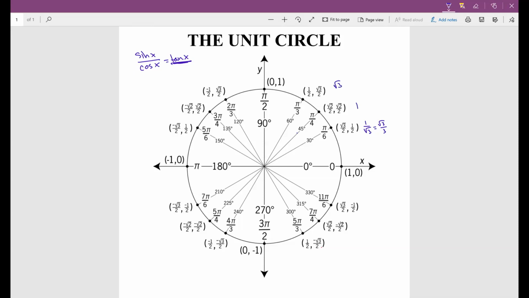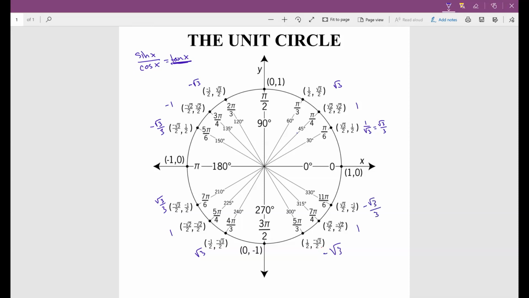Okay, and then you can just do the same thing over and over again, just so that you can get a little glimpse of what this looks like. Same thing over here, square root of 3 over 3, 1, square root of 3, and then this guy is going to be the swapped version, so square root of 3, negative 1, and then negative square root of 3 over 3.